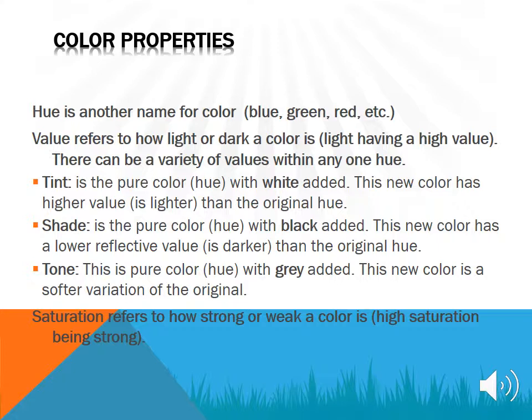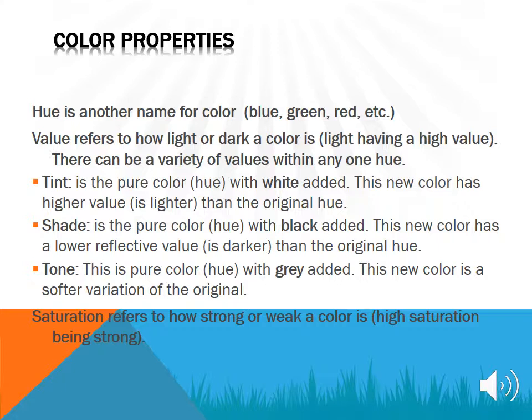There can be a variety of values within any hue or color. For example, tint, shade, and tone. Tint is the pure color or hue with white added. This new color has a higher value, or we can say is lighter than the original color.